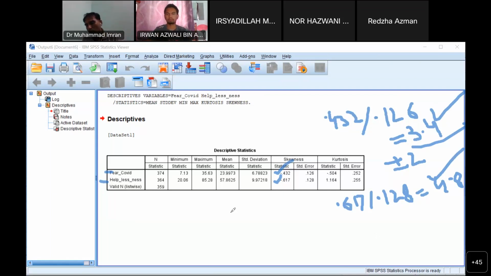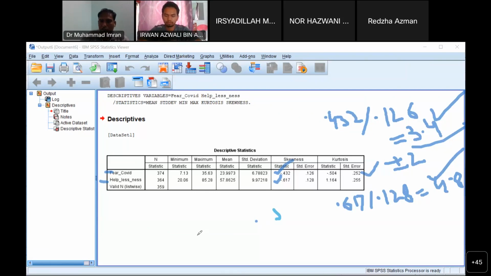So we need to decide between parametric and non-parametric techniques. This is an advanced analysis technique anyway. If our data is non-parametric, we have to use different techniques. But here our data should be normal because we are going to use parametric tests. That is the skewness. And how about the kurtosis? I'm going to calculate here simply: 0.504 divided by 0.252.